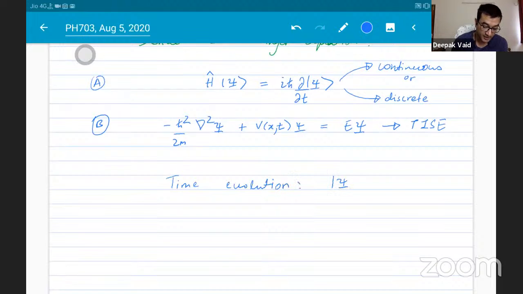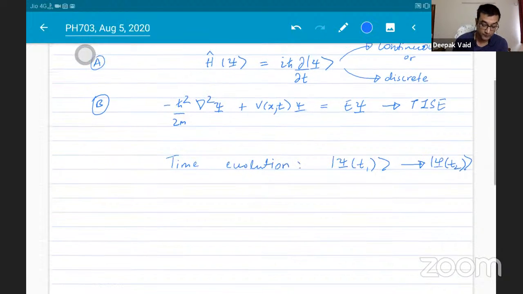So if I have a state psi at a certain time t1, and I want to ask what happens to this state such that it becomes a different state at a time t2, all states transform between each other using operators, right? So there has to be some operator which takes the first state and gives us the second state. This operator will be some function of t2 and t1.